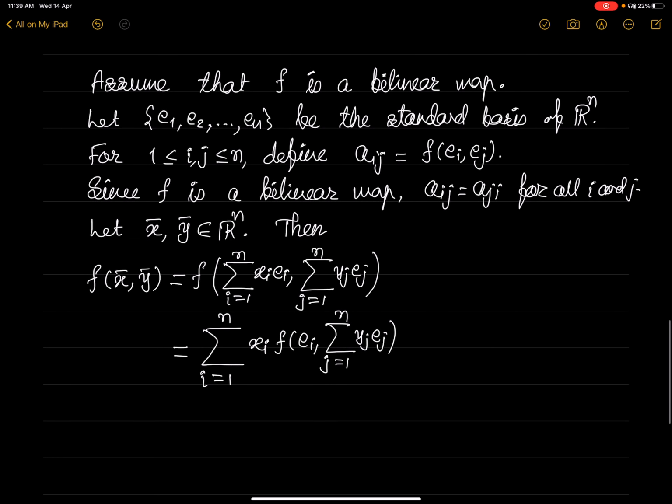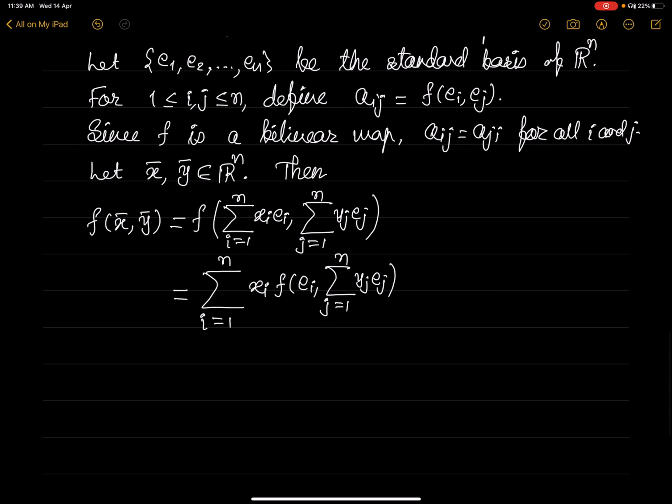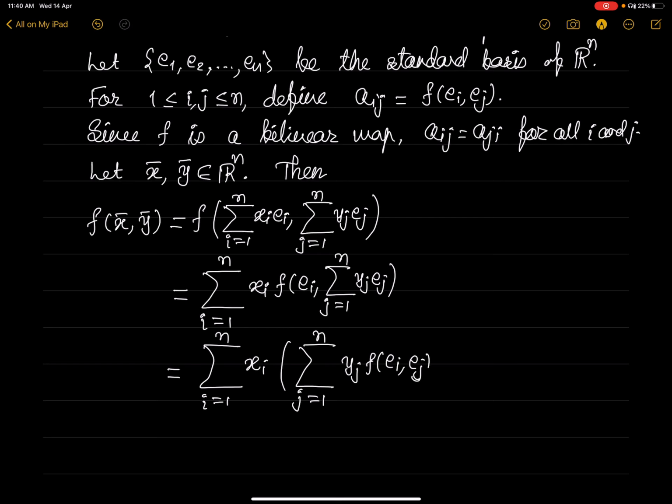Right, and we have already observed that f is also linear in the second coordinate. So by using that fact, we get summation i from 1 to n, xi, then summation j from 1 to n, yj f of Ei, Ej.